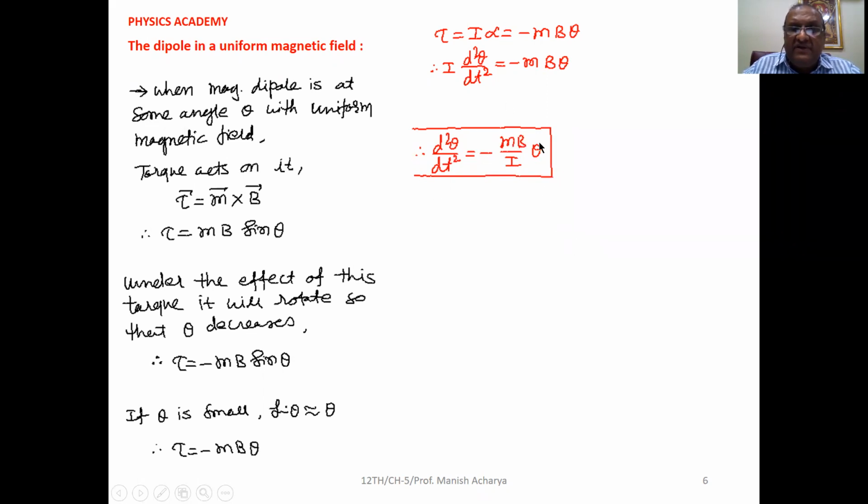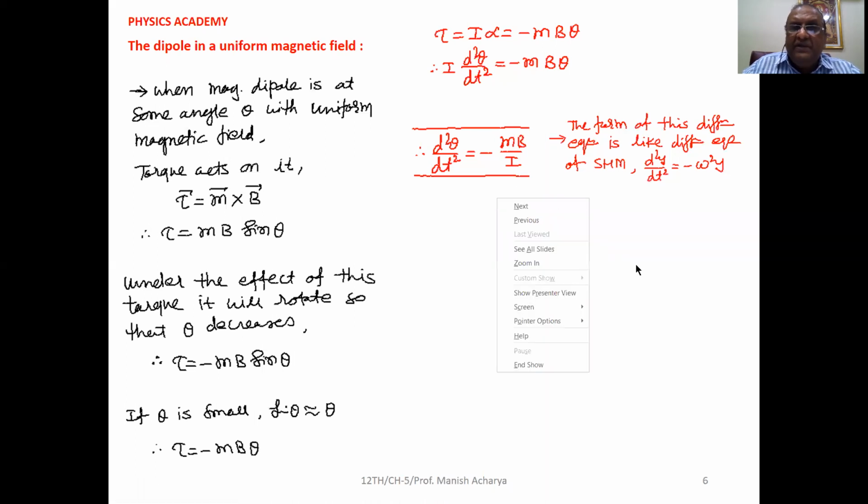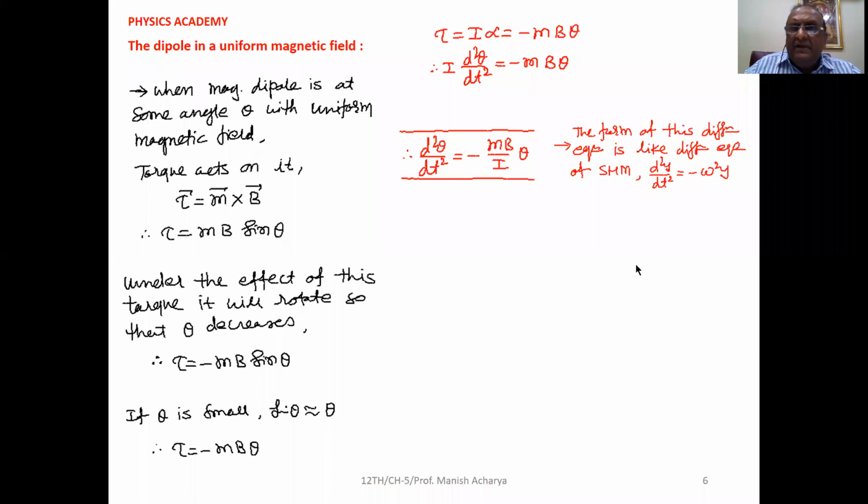Now we can say this is the differential equation for the motion of this bar magnet or magnetic dipole in a uniform magnetic field. See the form of this equation, it is exactly like the differential equation of simple harmonic motion, which is d2y by dt2 equal to minus omega square y.